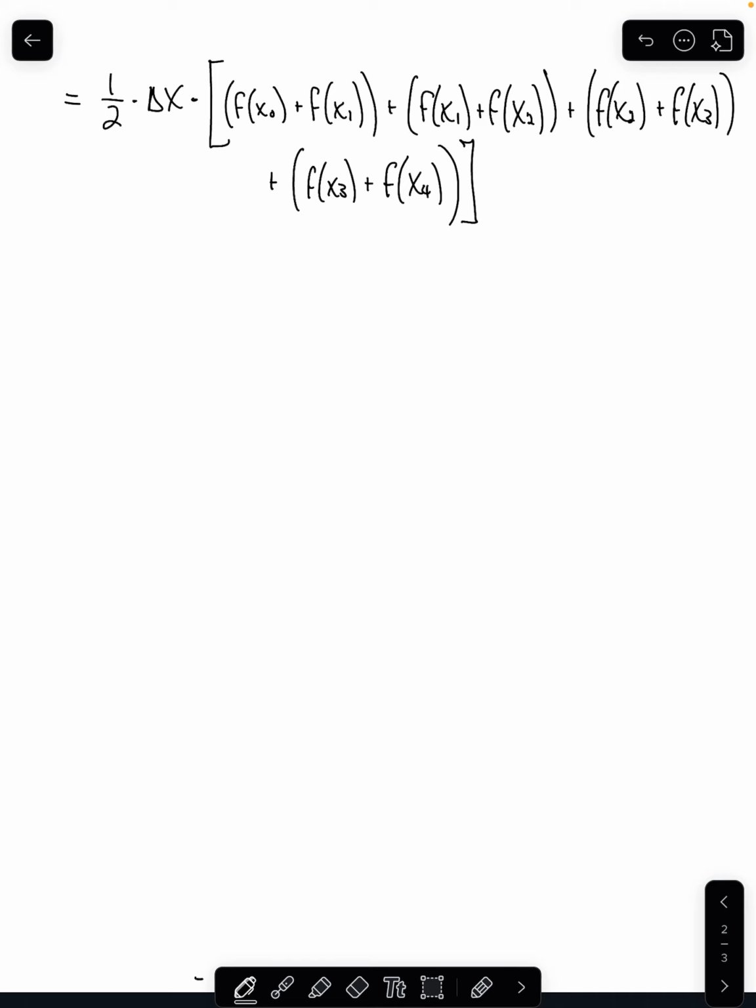The idea here is that we can combine some like terms because we have f of x sub 1 giving us the right side vertical line of the first trapezoid, and then also f of x sub 1 being the left side vertical line of the second trapezoid. Likewise, f of x sub 2 is the right endpoint of the second trapezoid as well as the left endpoint of the third.